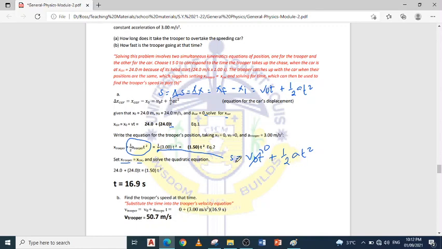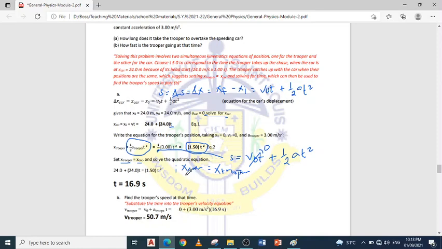That is 1/2 at squared. Ito. So, yan yung distance traveled daw ni trooper. So, ito siya. Pinagbaliktad niya dito. So, para mas maintindihan ninyo, x car equals x trooper.